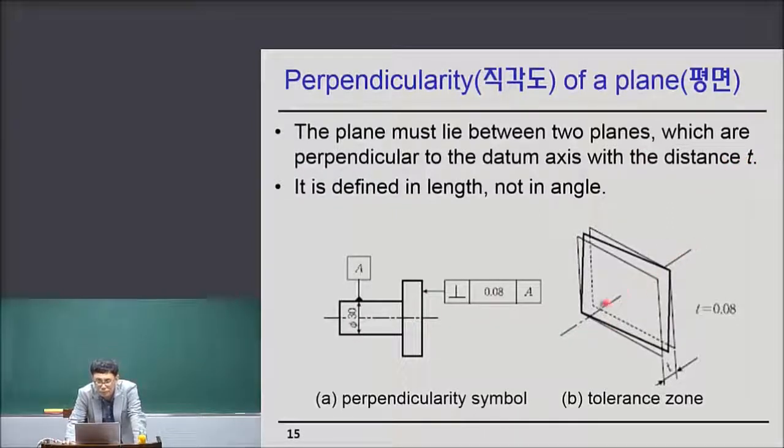Two planes are here, parallel with each other, and both are vertical to the datum axis, and the designated surface should lie within these two planes. The space between the two planes is a tolerance zone whose distance t is 0.08.